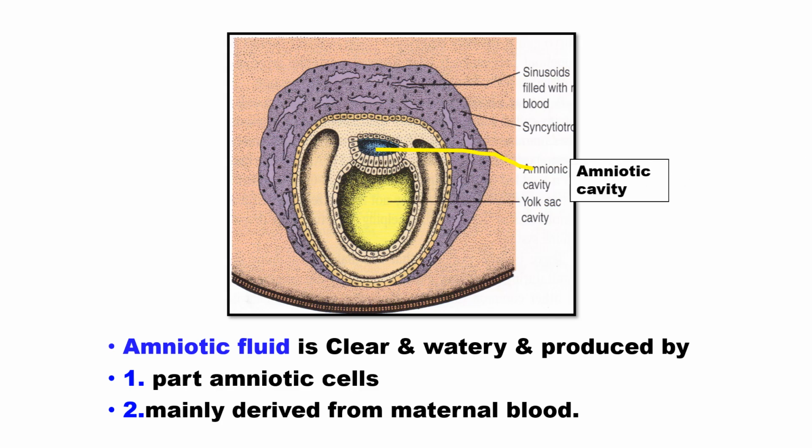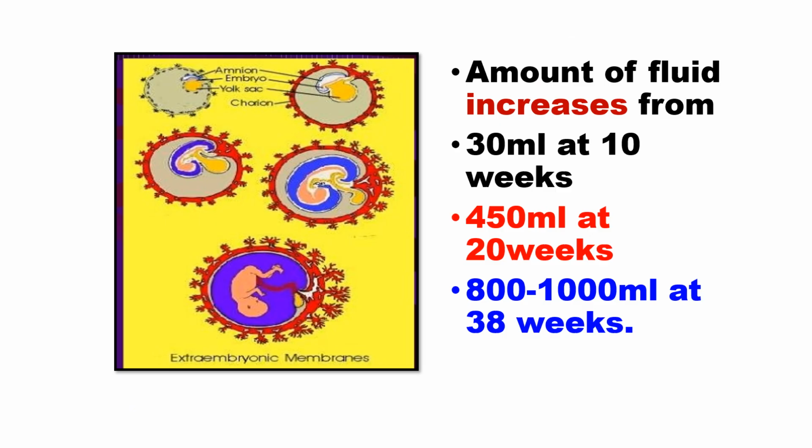Amniotic fluid is clear and watery, produced partly by the amniotic cells and mainly derived from the maternal blood. Amniotic fluid increases from 30 ml at 10 weeks to 450 ml at 20 weeks, 800 to 1000 ml at the time of 38 weeks.